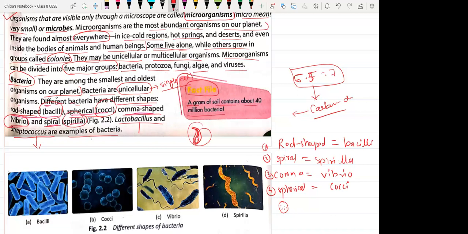One million means 10 lakh, so 40 million means 4 crores. 40 million bacteria means 4 crores of bacteria. It's a very large number, no?